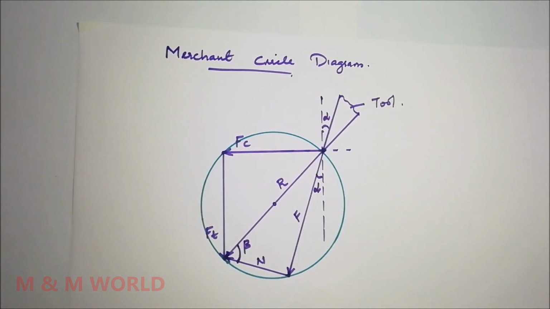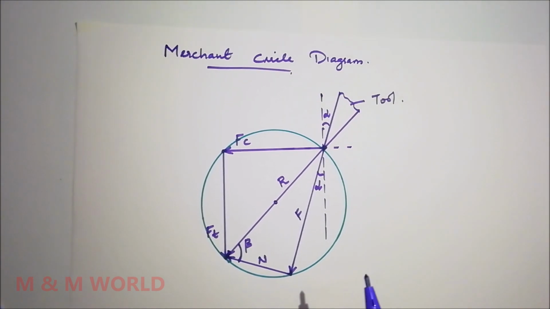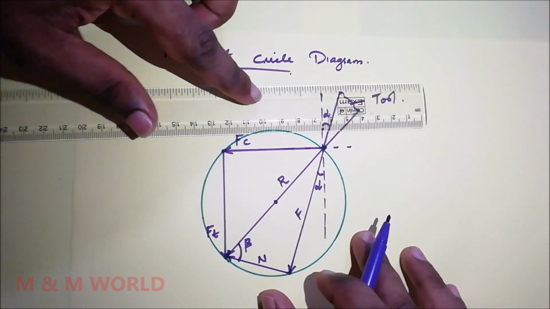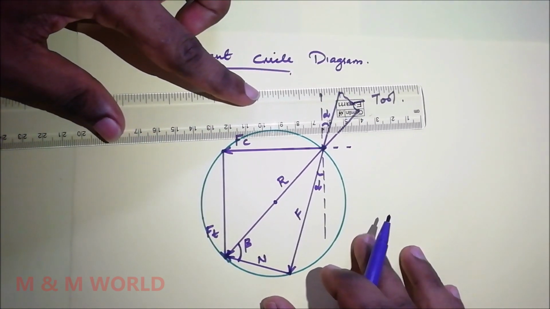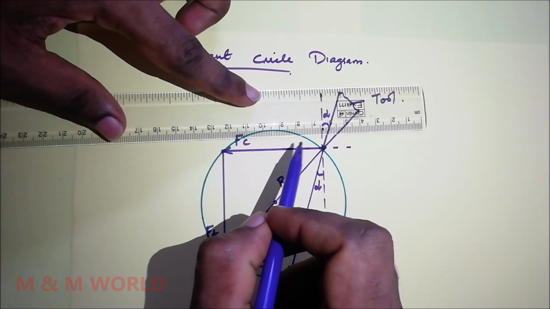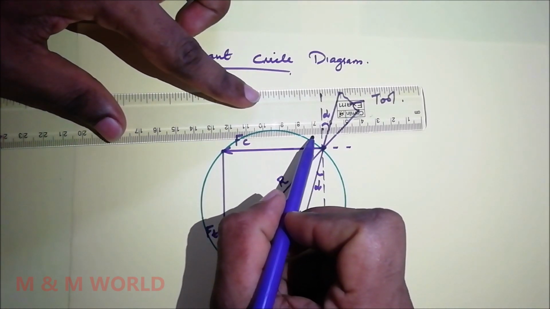Now to find the shear force, use chip thickness and depth of cut. So draw a feed thickness line parallel to the horizontal axis. We know the thickness, so it is scaled.